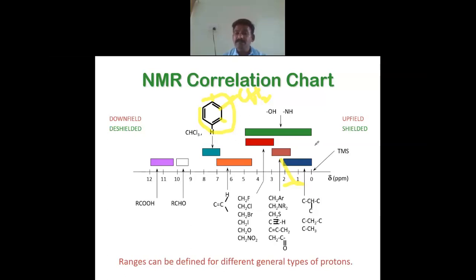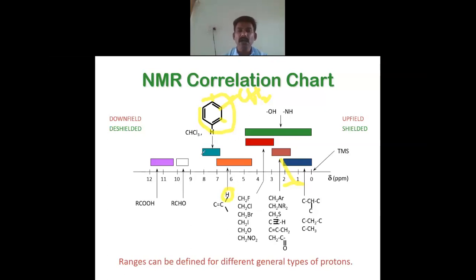Now one more compound, C double bond CH. This is a vinyl group, and allyl protons. We can say this is an allyl proton or vinyl proton. So C double bond CH protons are present between 4.5 and 7.